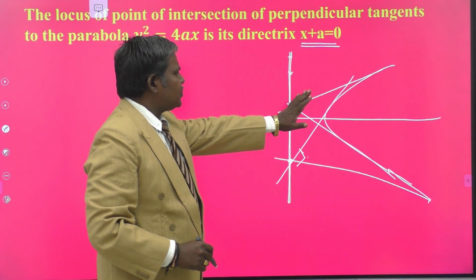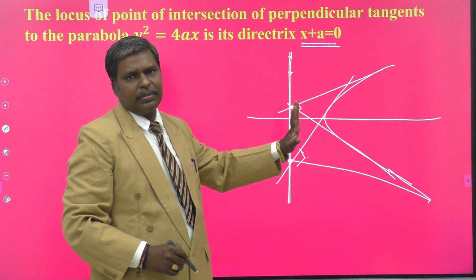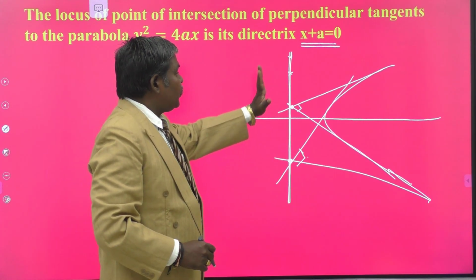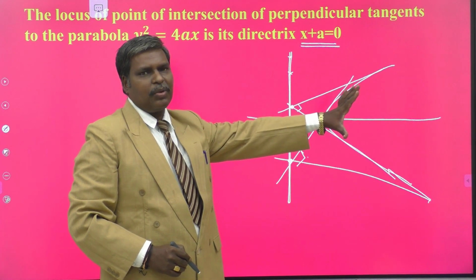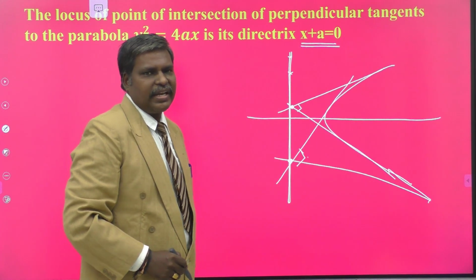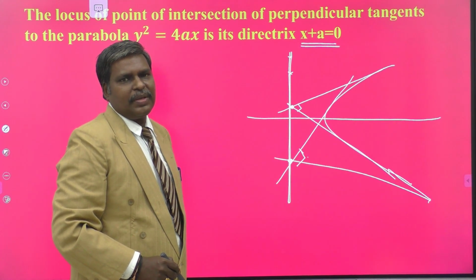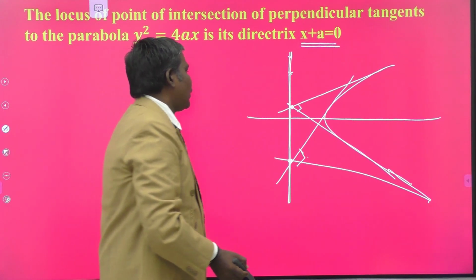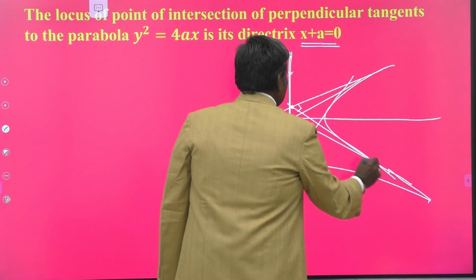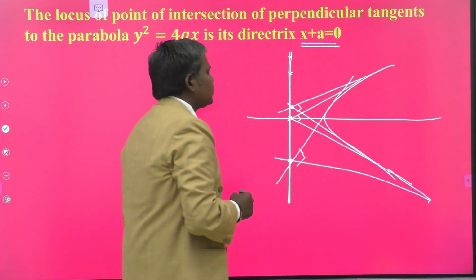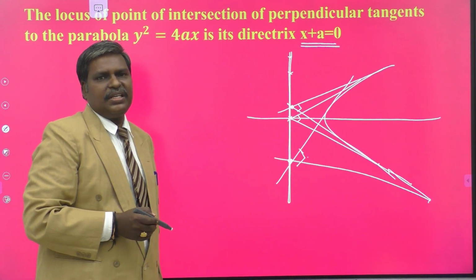My dears, the directrix is always outside the parabola, 100% correct. If you take any point on the directrix and draw the two tangents to that parabola, the angle between them is always 90 degrees. That is the sense here.